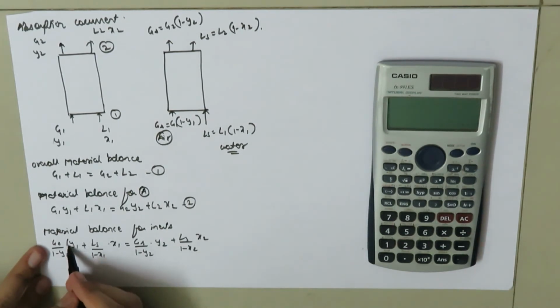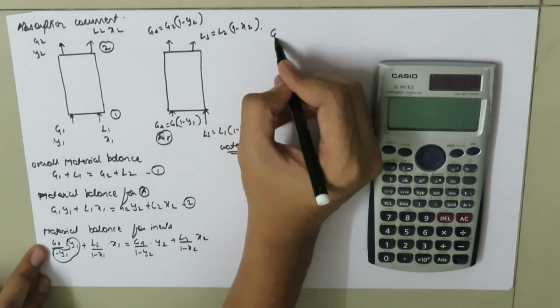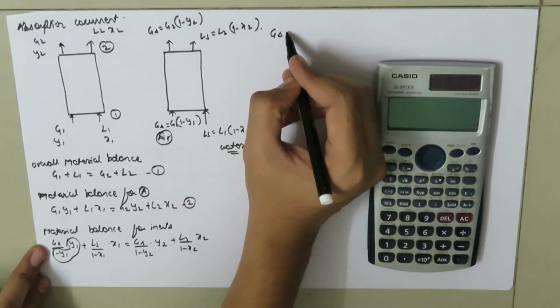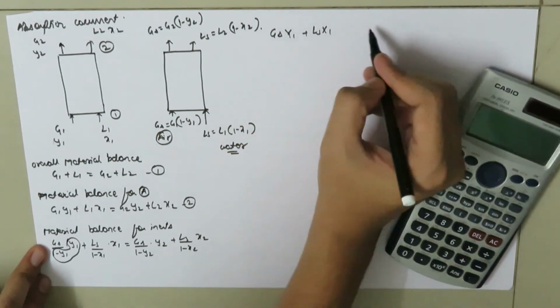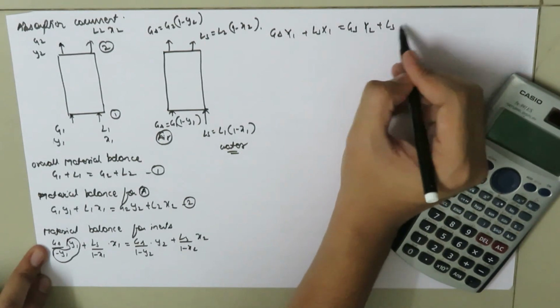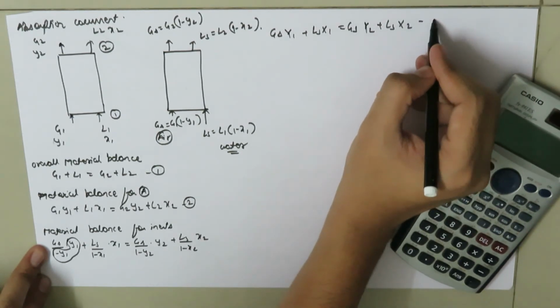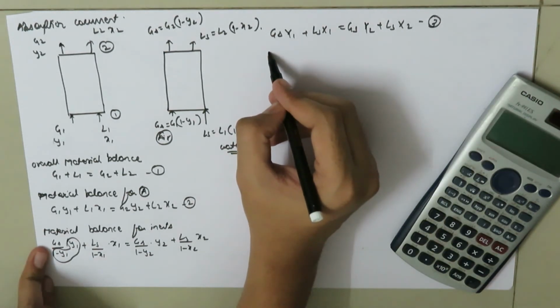And this term is our mole ratio. So if we rewrite this equation, GS times capital Y1 plus LS times capital X1 is equal to GS times capital Y2 plus LS times capital X2. Let's call this equation number 3.